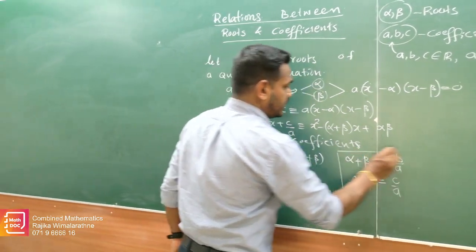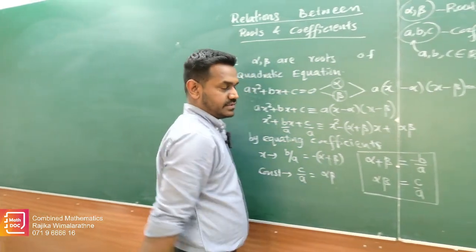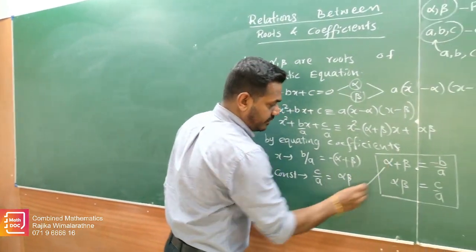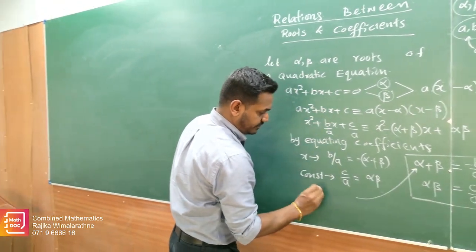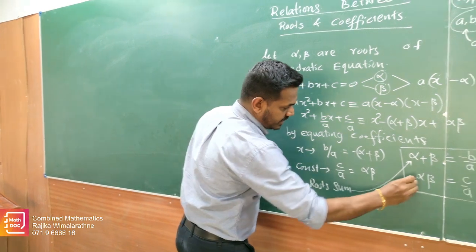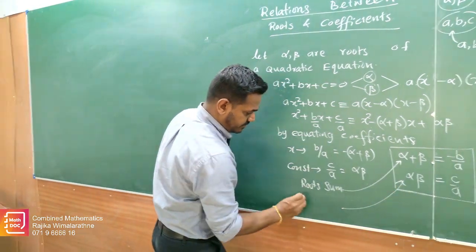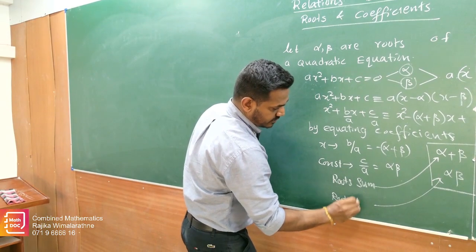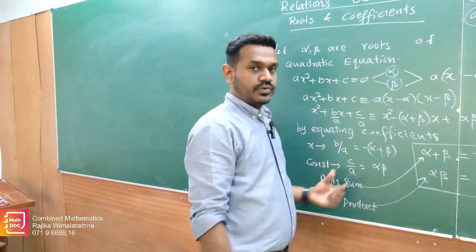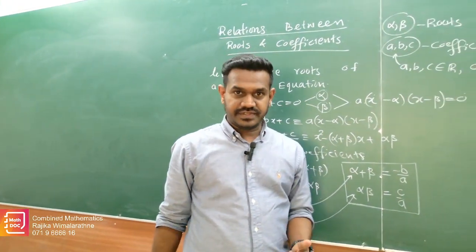This we call the relation between roots and coefficients. That represents the root sum, and that represents the roots product. That's how we prove the relation between roots and coefficients.